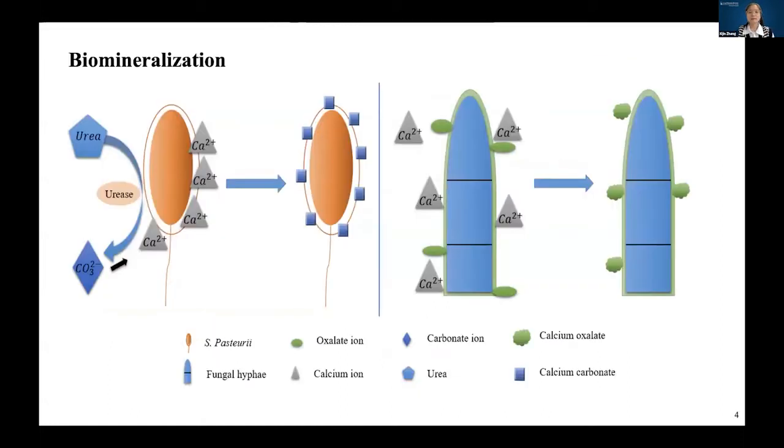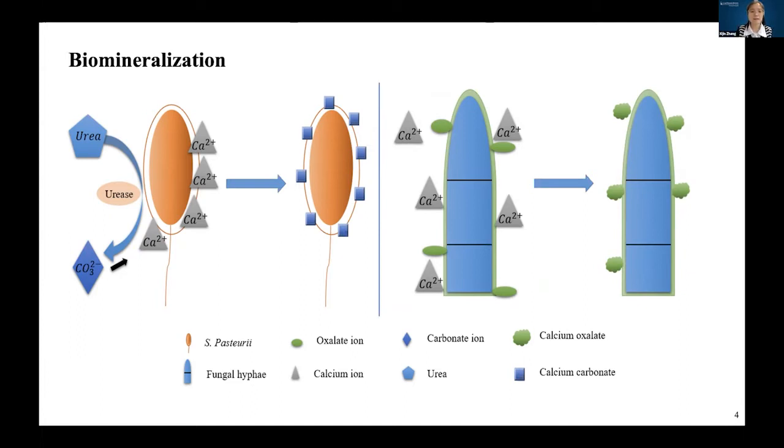The mineralization process is the most important part to achieve the self-healing of concrete. Based on the literature review, I compared the mineralization processes by bacteria and by fungi here. For bacteria, some of them can produce urease, the enzyme that catalyzes the hydrolysis of urea into carbonate ions.